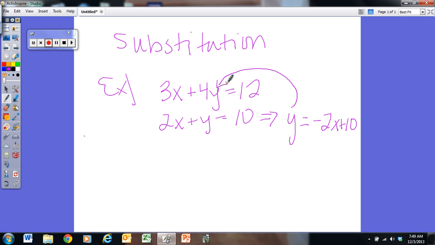I can substitute. So now I have 3x plus 4 times y, but instead of writing y, I'm going to write what it equals. And then keep writing equals 12. Now I just have a simple algebra 1 equation that I can solve for x. So I distribute the 4.